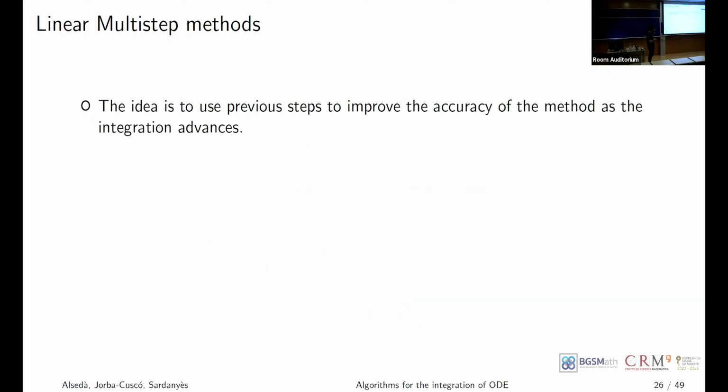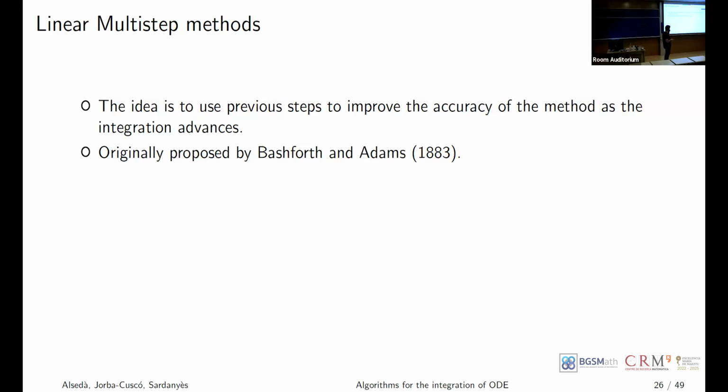Okay. Let's move to linear multi-step methods. I'll try to be very fast on this. I even have examples, because the idea is very similar to the one of Runge-Kutta, but instead of using the steps forward, you're using the values of the solution you already computed.